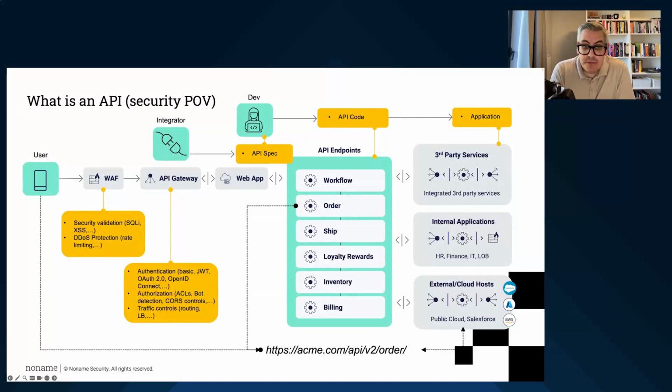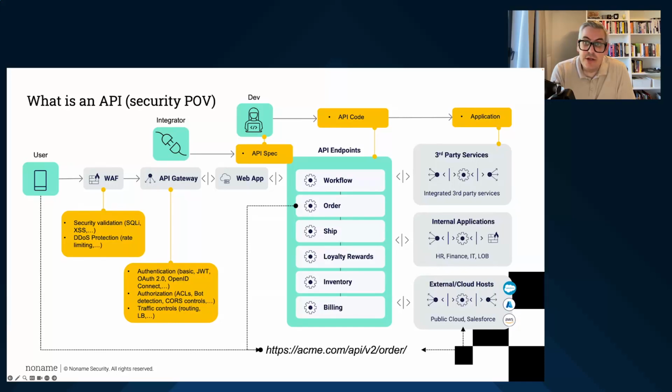From a gateway perspective, you have to look at things like enforced authentication and authorization, controlling traffic to that endpoint, doing things like bot detection and so on, making sure the system isn't overwhelmed at certain points in the day or certain months in the year. From a WAF perspective, you can look at things like security validation, things like SQL injection and cross-site scripting, but also rate limiting and so on.